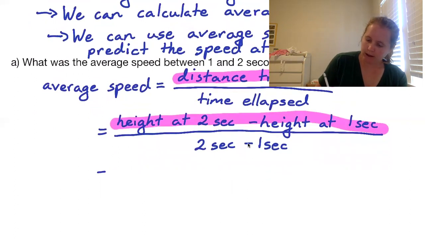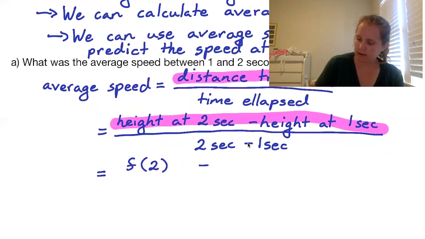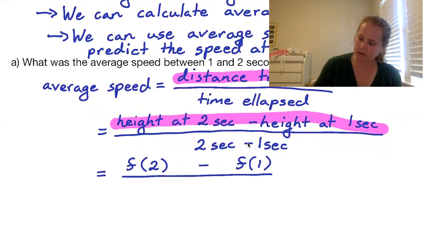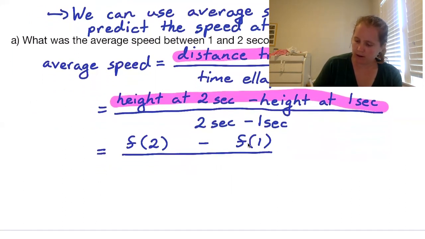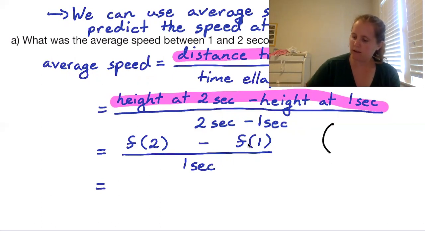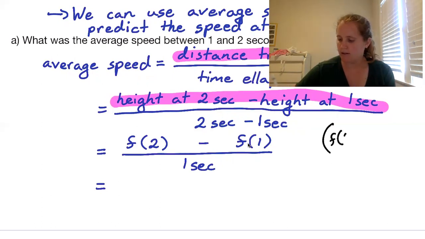So from here, the height at 2 seconds was just f of 2. And the height at 1 second is just f of 1, right? The function f told us our height. And then 2 seconds minus 1 second, we have 1 second has passed. Just a reminder, f of t was equal to negative 16 t squared plus 100.